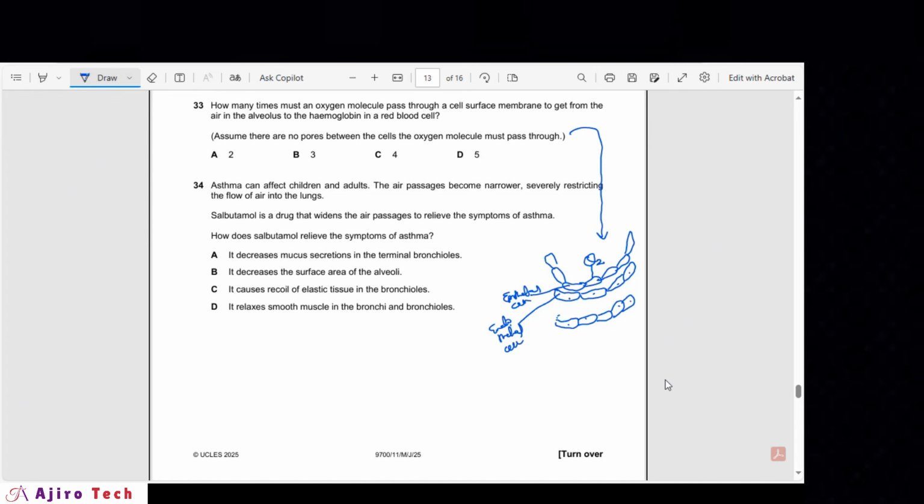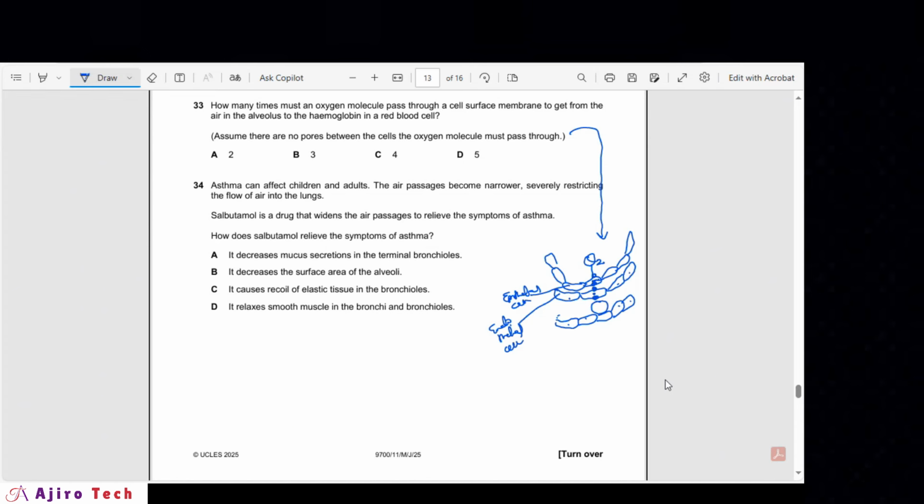So the oxygen moves through the first membrane, that is one, gets into the cytoplasm, moves through the second membrane, that's two, gets into the intercellular space, passes through the third membrane, gets into the cytoplasm, passes through the fourth membrane. Now it's coming into a red blood cell, wants to bind to the hemoglobin.